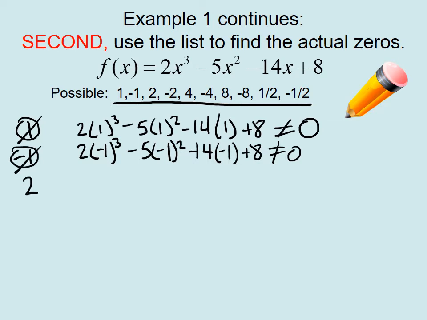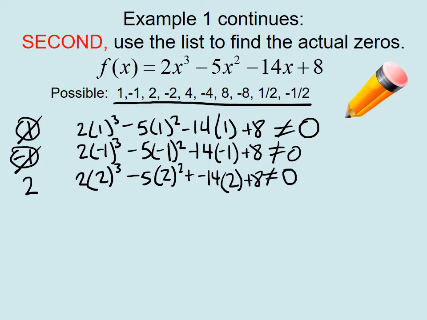Let's plug in 2. If I plug in 2, unfortunately, again, I don't get 0. Takes a little bit of time, but don't give up. Let's keep going. Let's try -2.